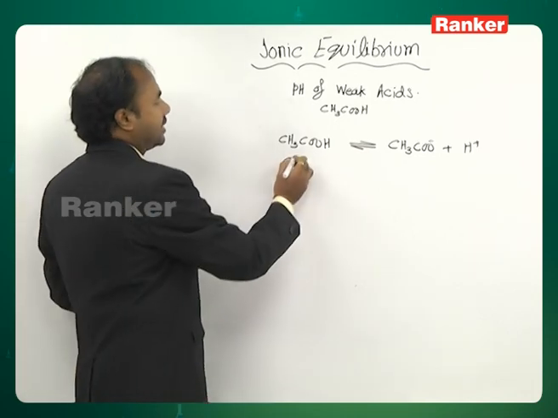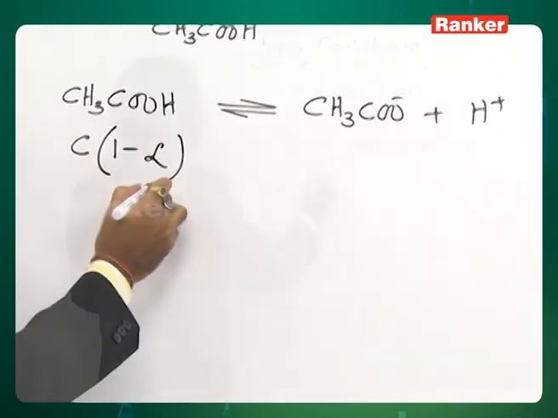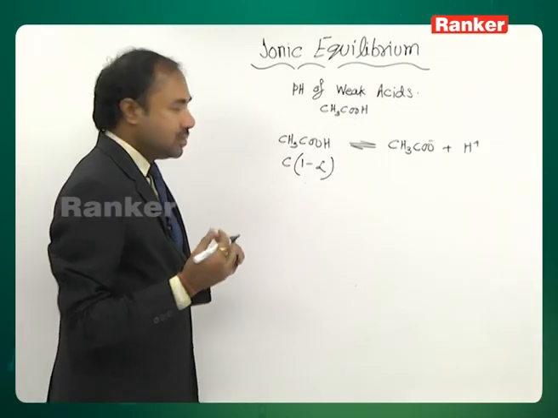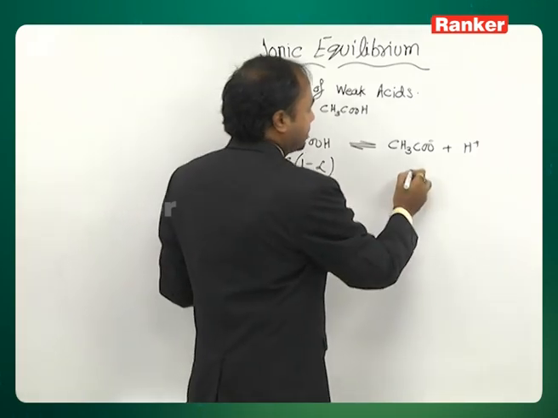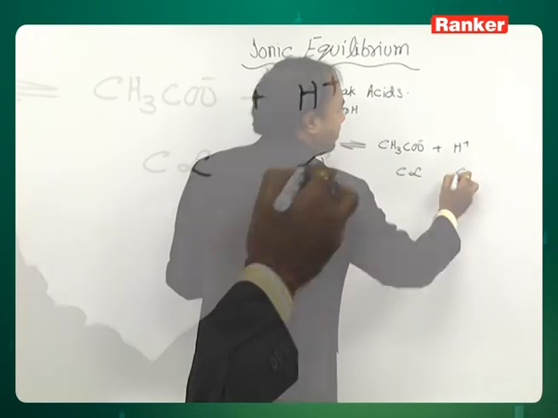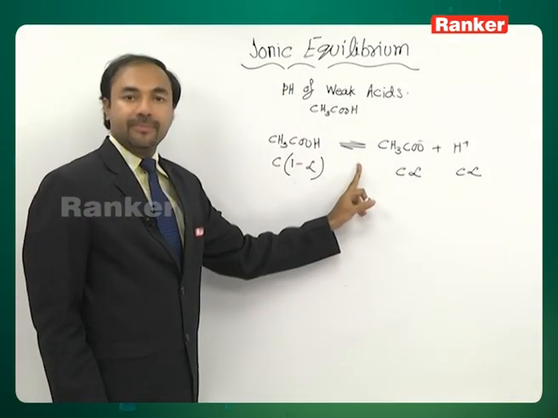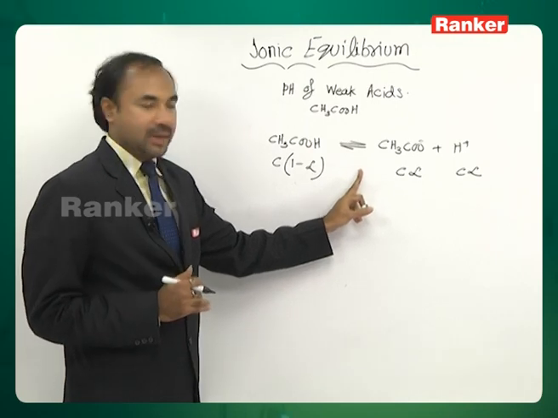We assume here the degree of dissociation of acetic acid is alpha. So this will be C into 1 minus alpha. So concentration of acetate ion in the solution will be C alpha, as well as H plus ions, it will be C alpha.